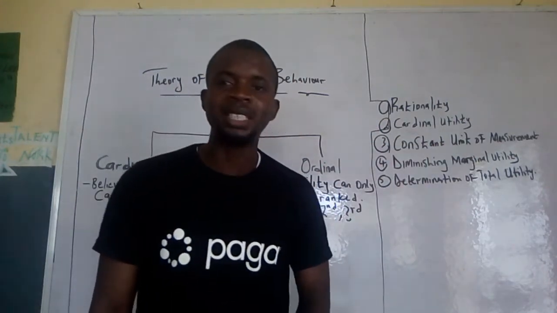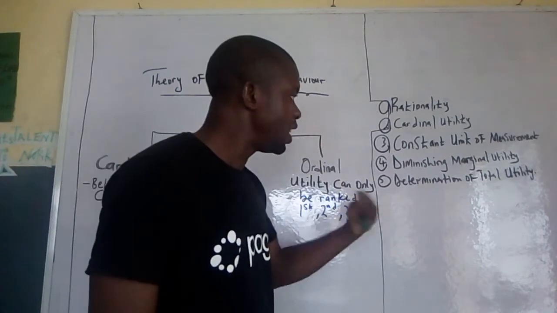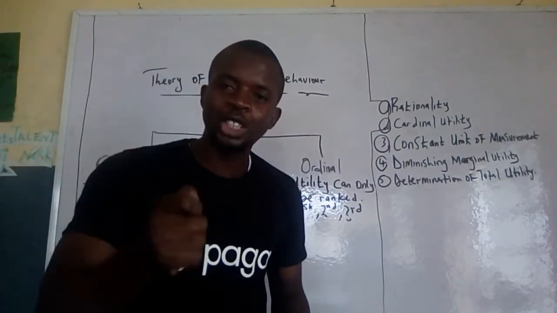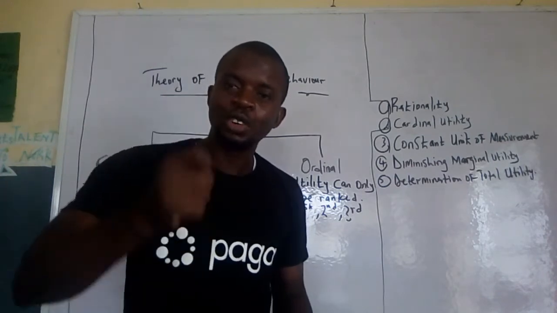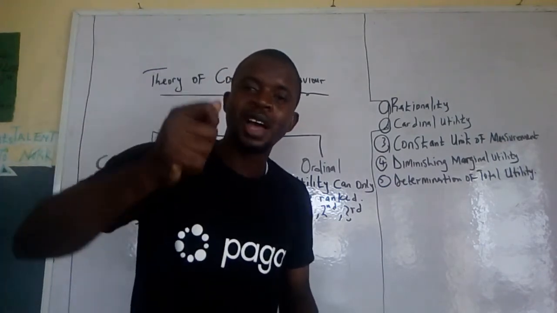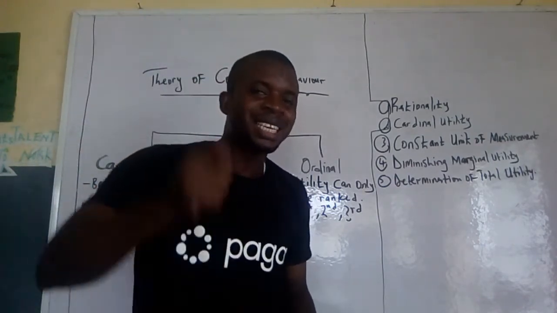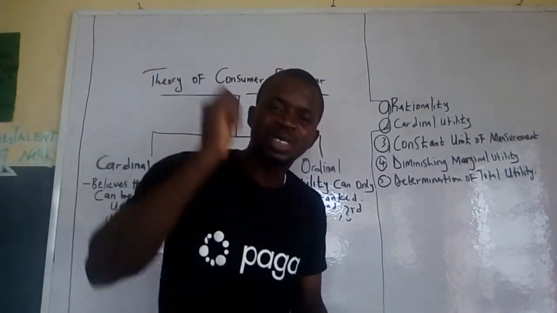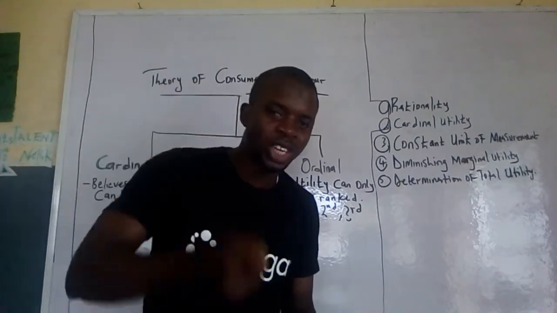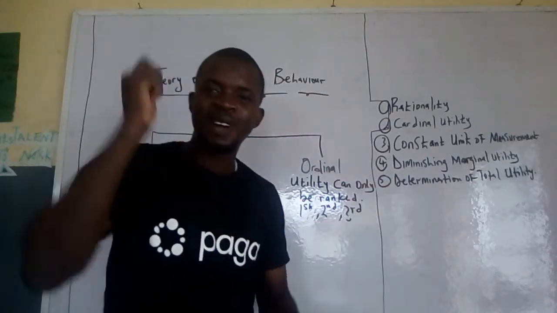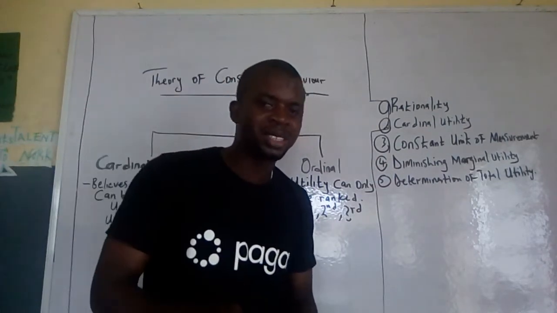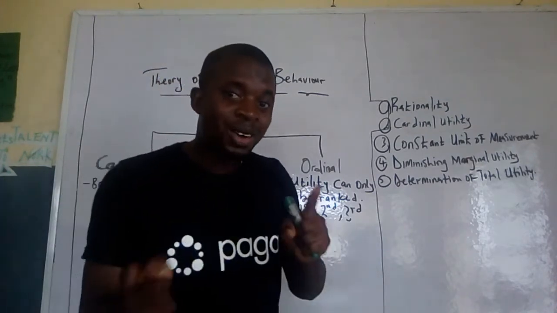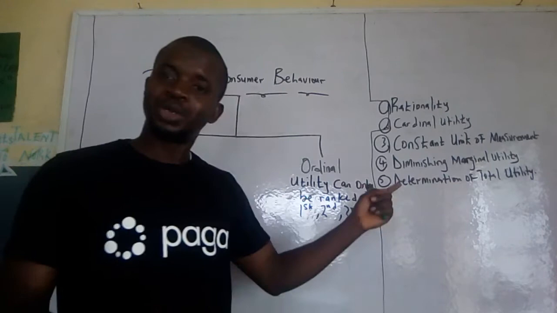Thirdly, constant unit of measurement. They also believe that money is the unit of measurement of whatever you want to purchase, and that unit of measurement is constant. It means that the value of that money does not change. That is their belief. But when you look at inflation, you see that there is now a problem in terms of that belief.